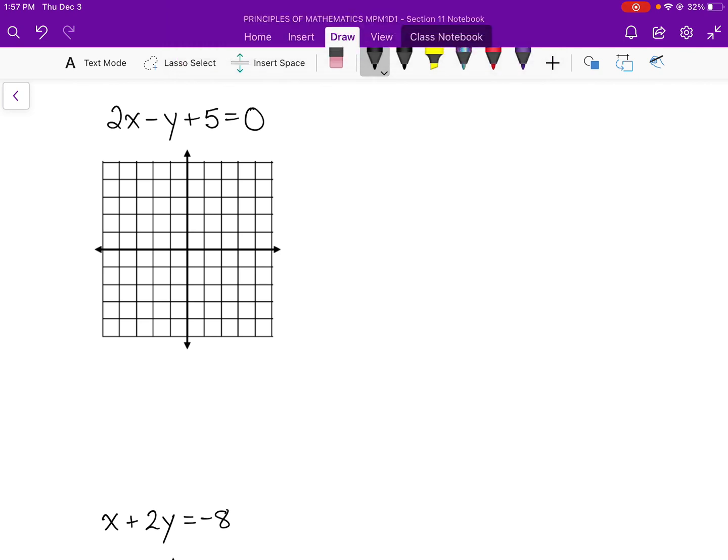Okay, so I just want to show you 2 methods. Method 1, convert to slope-intercept form.